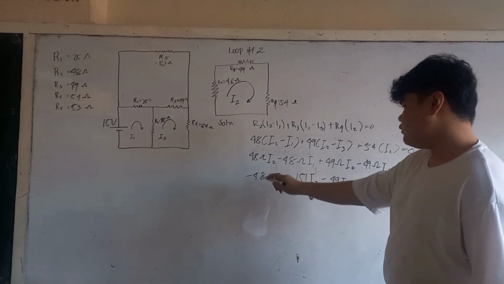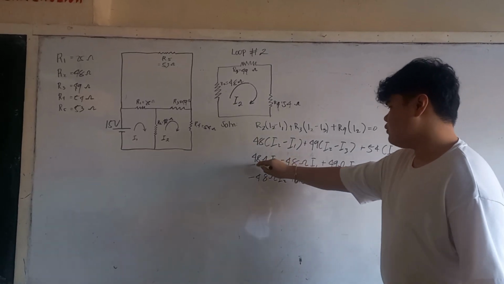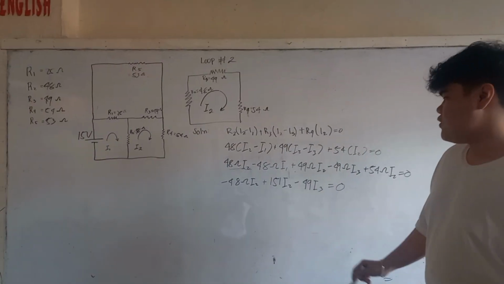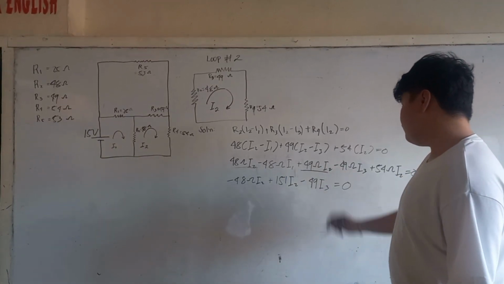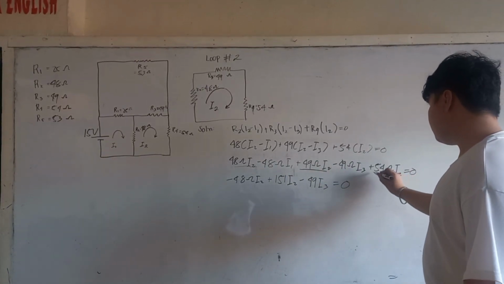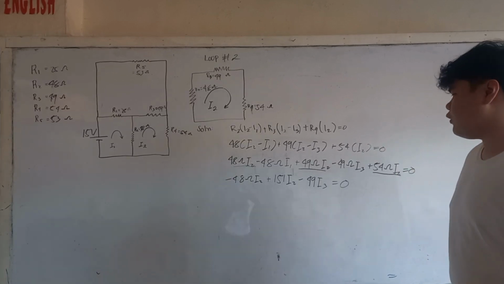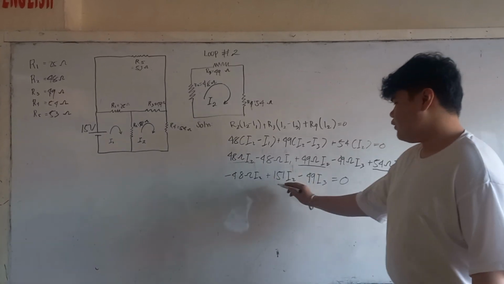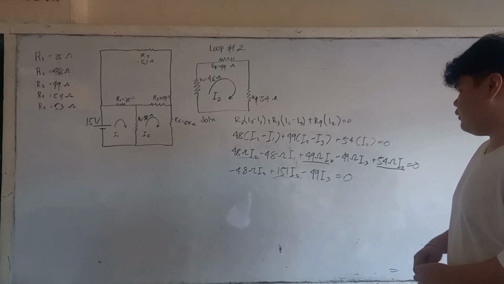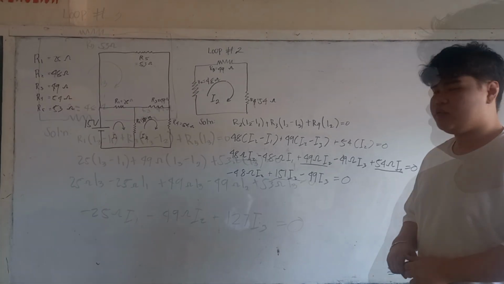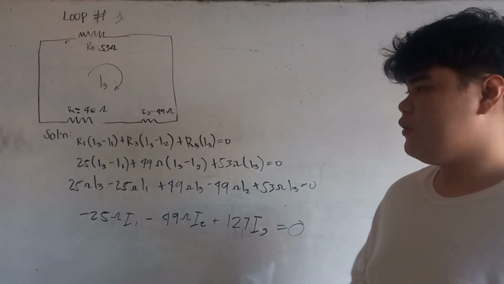After factoring, we just need to add I2. So the equal is 151, and that is for loop number 2.